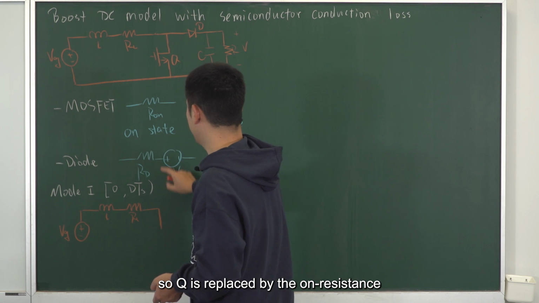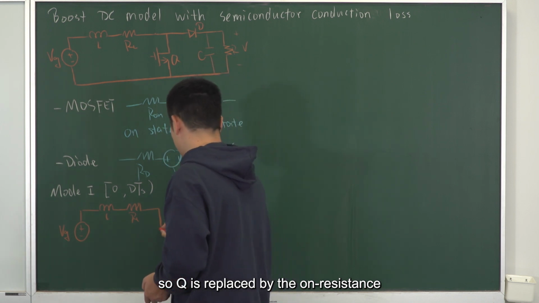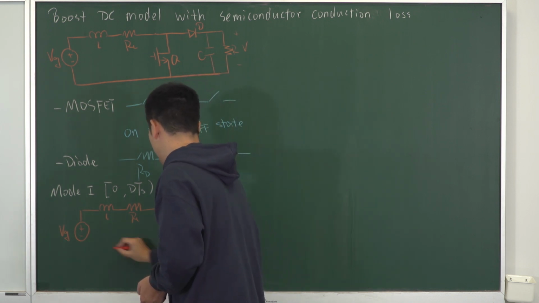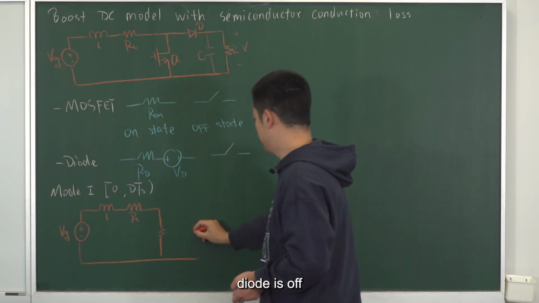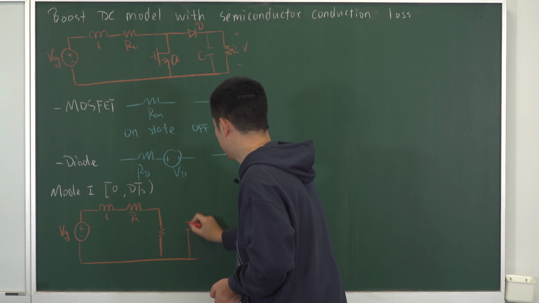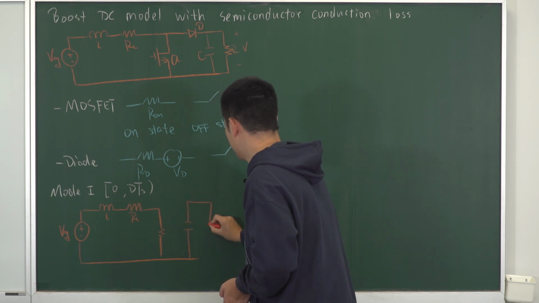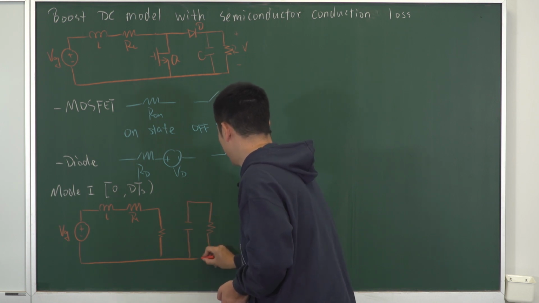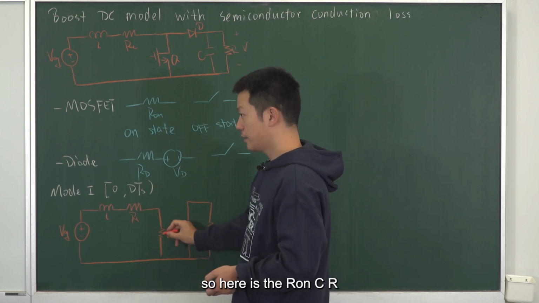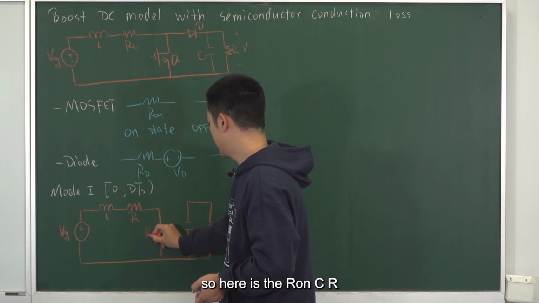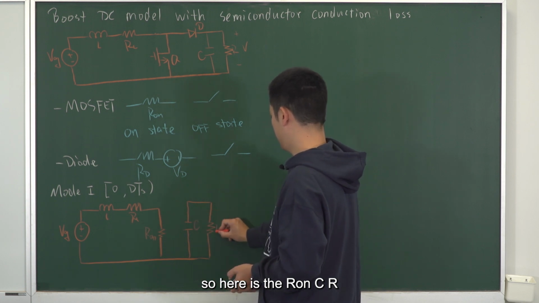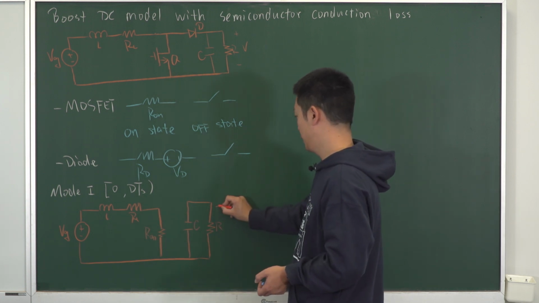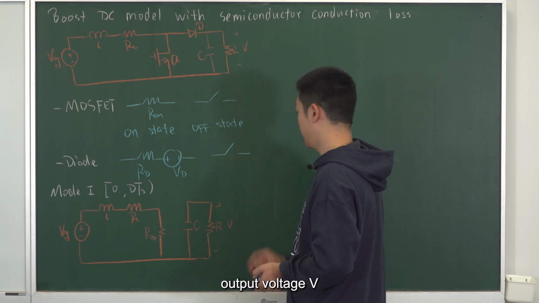Q is replaced by an on resistance, and the diode is off. Then we have C, R, and output voltage V.